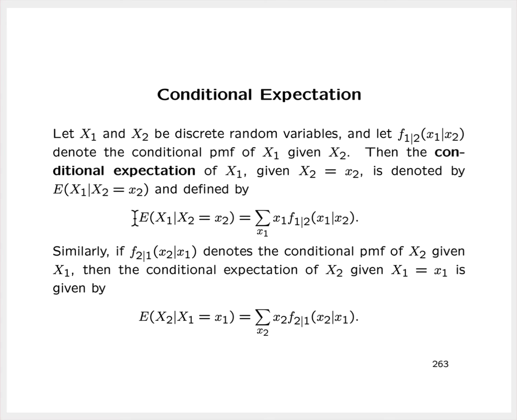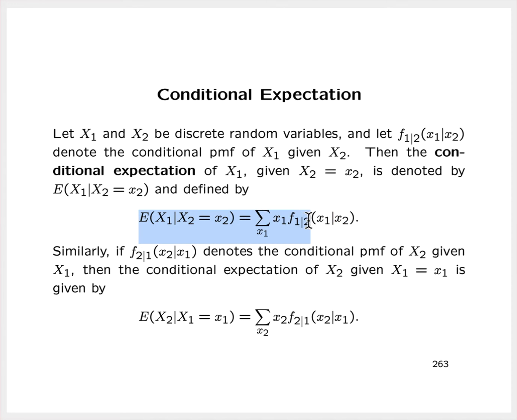So with that in mind, the conditional expectation of x1 given x2 is equal to the sum over the sample space of x1, and I've got an abbreviated notation here because things are getting more complicated. So this summation with an x1 down here represents a summation over all the values of x1 in its sample space of the product x1 times the conditional PMF of x1 given x2, and notice that we are conditioning on x2 here.